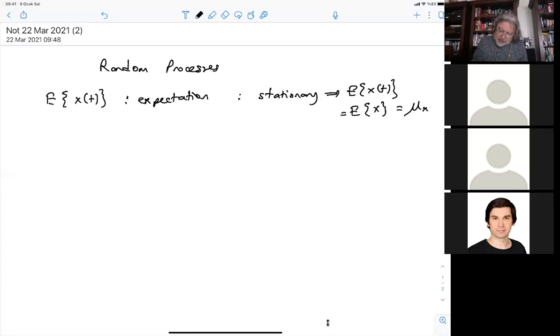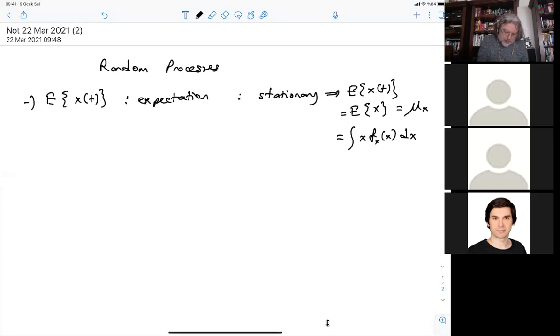And that is by definition obtained as the integral, you have to remember these formulas as well, of the random variable x times the probability density function f of x times dx. So this is how you obtain the expected value.